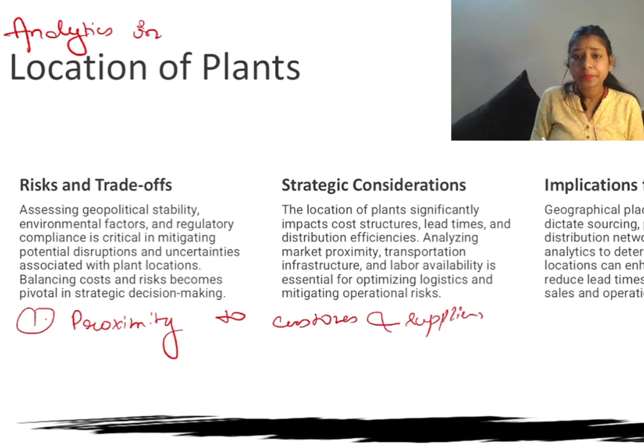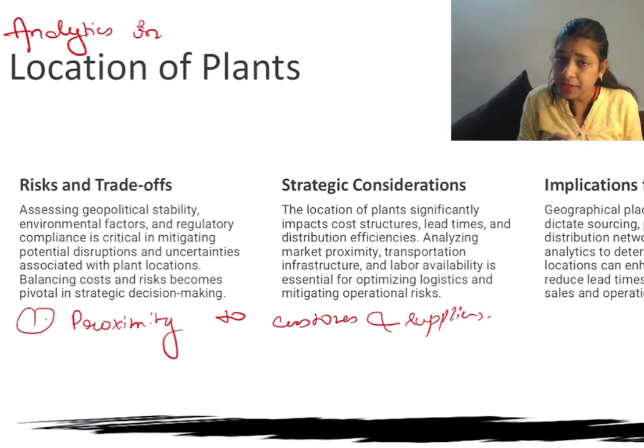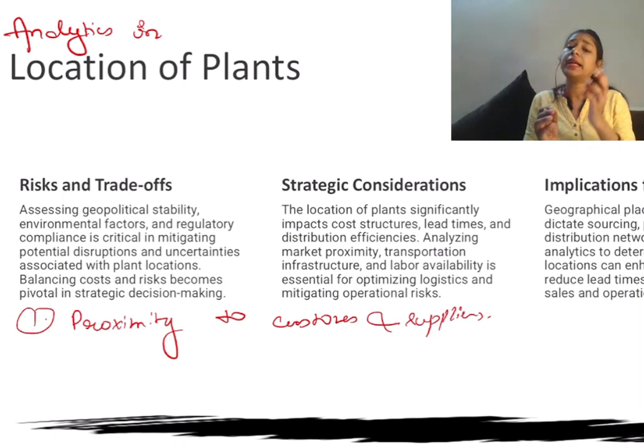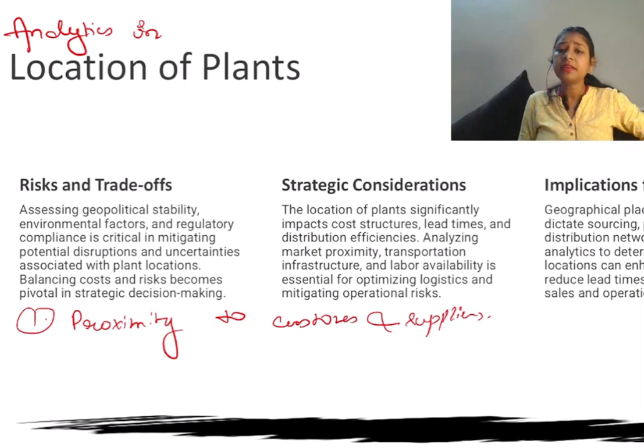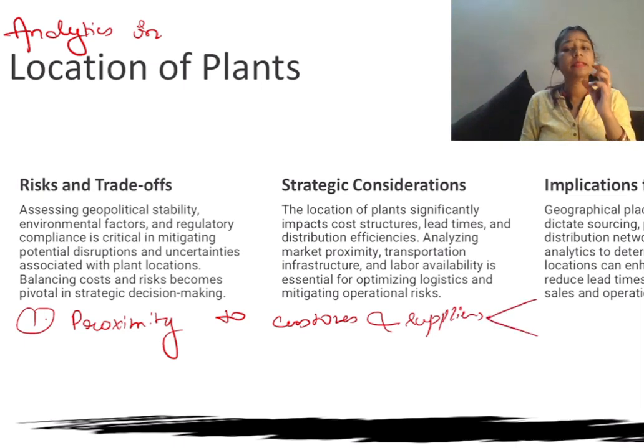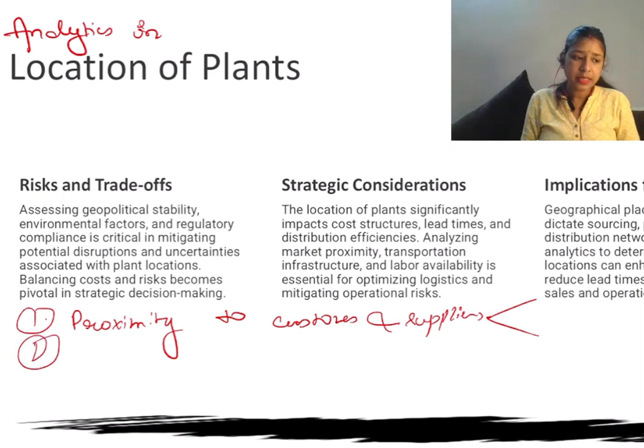The manufacturing plant should be at such a location that the raw material can be received at the earliest possible and the finished goods can be delivered within the given time, right? So the transportation cost and the delivery time should be decreased. So the very first thing is proximity to customers and key suppliers, right?